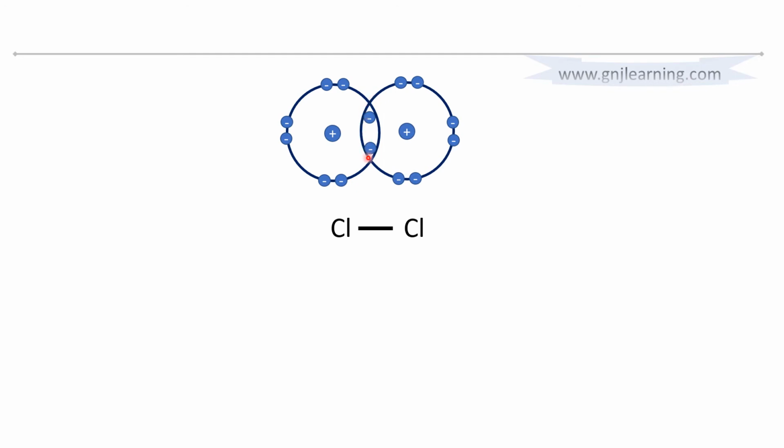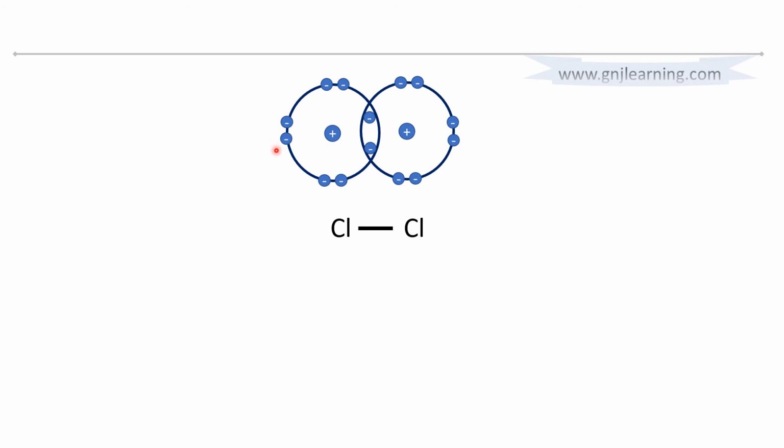Now if you count the number of electrons for this chlorine atom, 2, 4, 6, 8, because both these electrons being shared also belong to this chlorine atom. Similarly, if you count the electrons for the other chlorine atom, it also has 8 electrons.